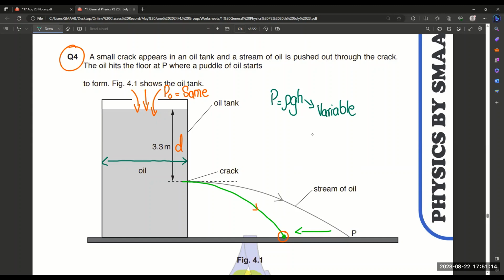So let's suppose at this level, you easily observe that your depth is actually decreased.